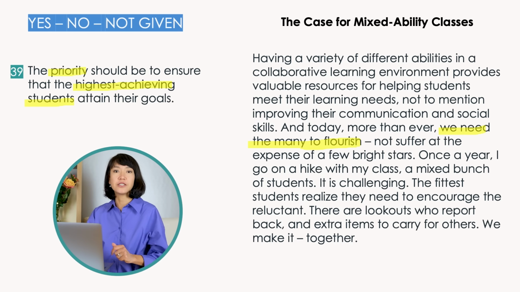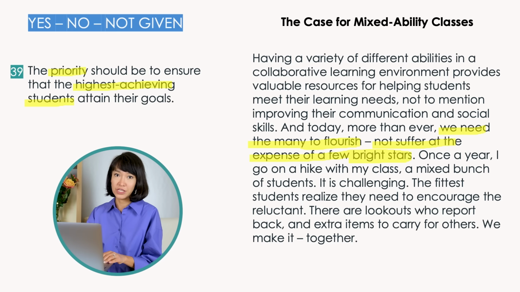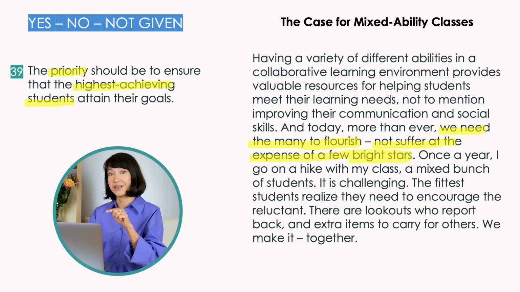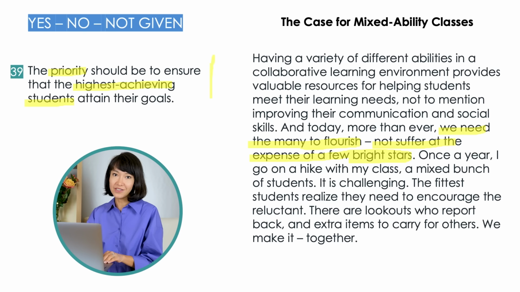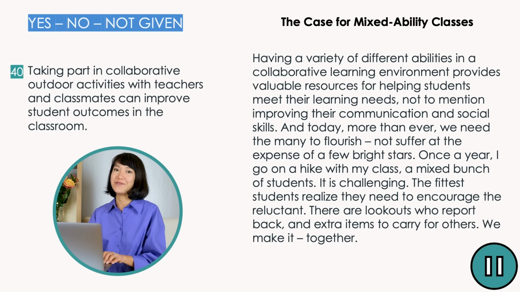To flourish is to succeed, to achieve great results, not suffer at the expense of a few bright stars. So bright stars are our high-achieving students. No, they shouldn't be the priority, according to this article. That's why the answer is no. And the last one, pause the video now. Ready?